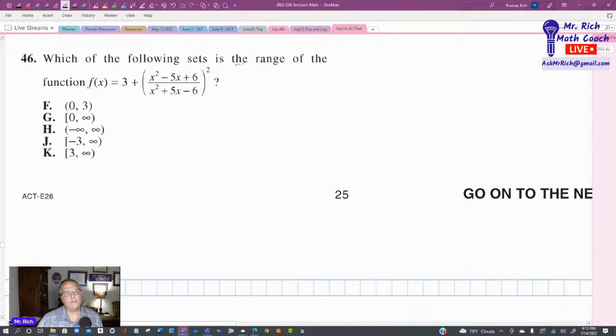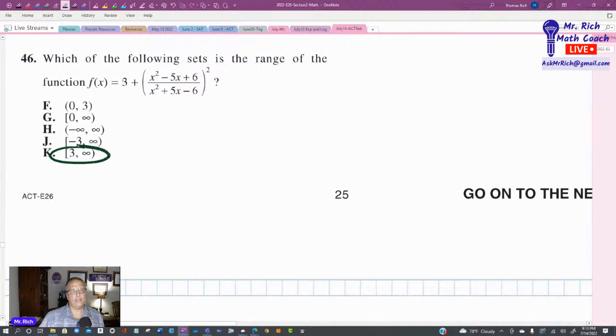So I'll tell you, this is a weird problem, because one thing I know about whatever this thing is, for any value of x, it has to be positive because it's squared. And then a positive plus 3 would have to be from 3 to infinity.